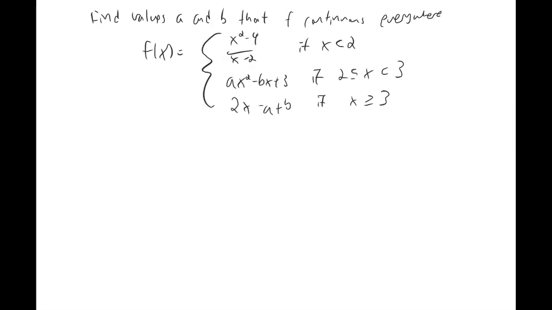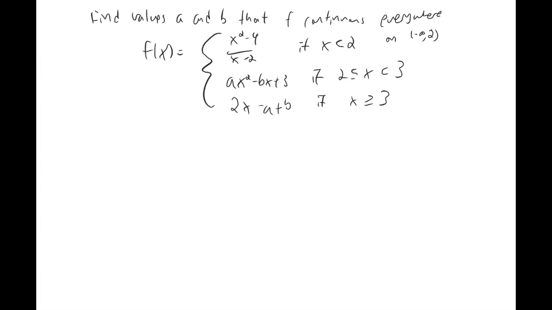So again, let me check really quick. On negative infinity to 2, outside the boundary term, is x squared minus 4 over x minus 2 continuous? Yeah. Because if it's not, we're done. Like no value of a and b will work, right? Because if you're not continuous from negative infinity to 2, you're not going to be continuous everywhere.